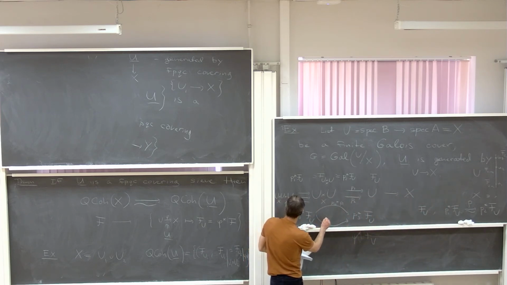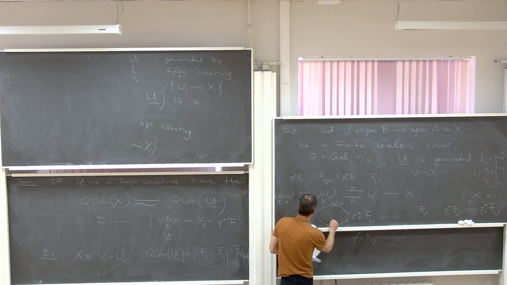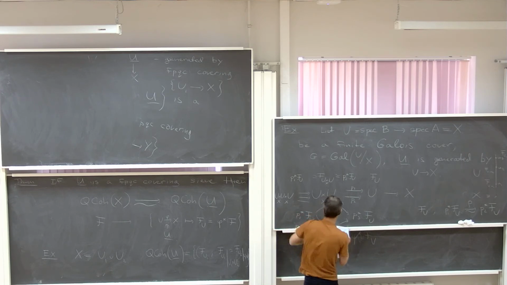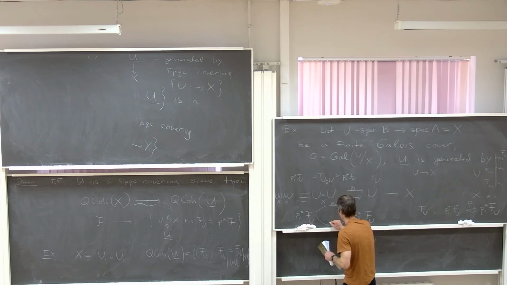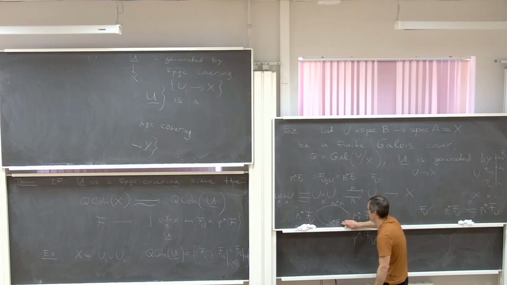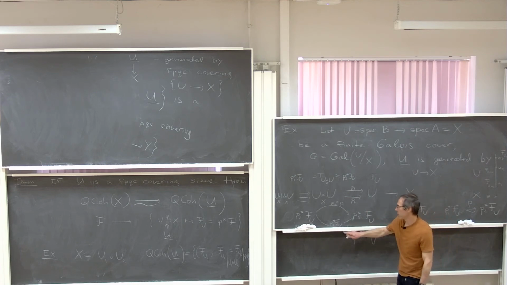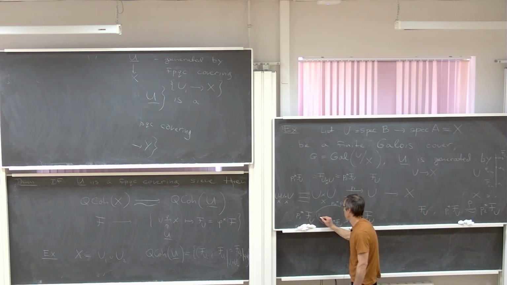I can first identify P1 upper star of F_U with P2 upper star of F_U, and then this. So what are these maps? This is P_{12} upper star of rho.